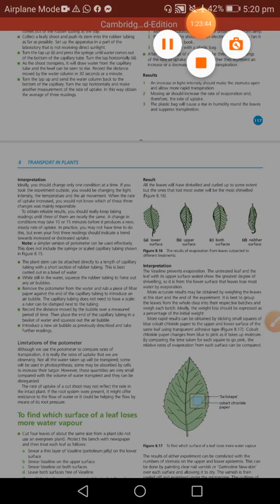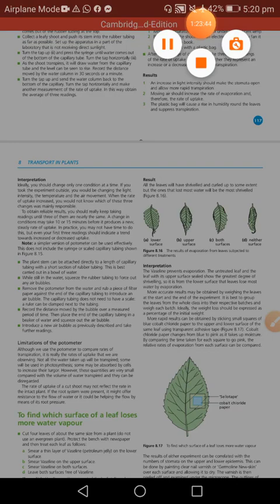Now, what about a high temperature day? Okay, let me show you. So, this is a leaf, and these are the blue dots of water. Just remember that warmer air can hold a lot of water vapor.